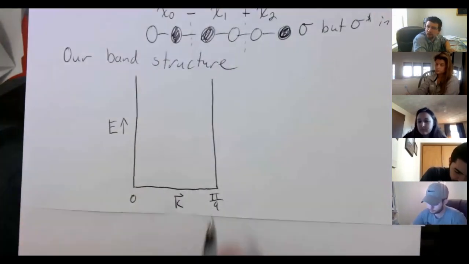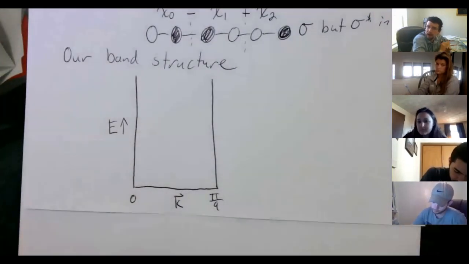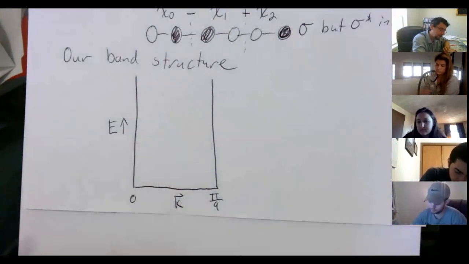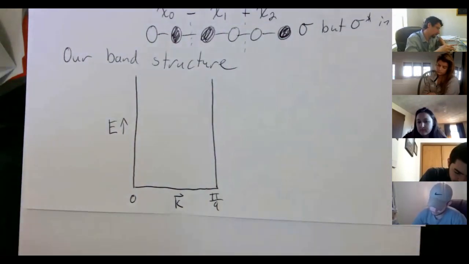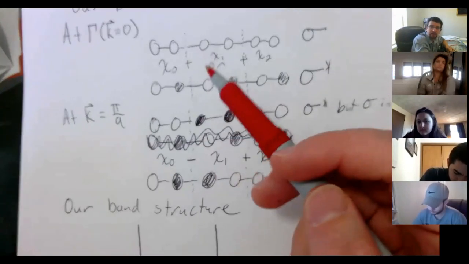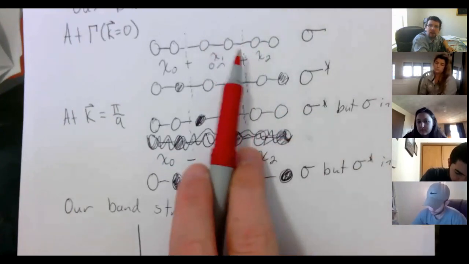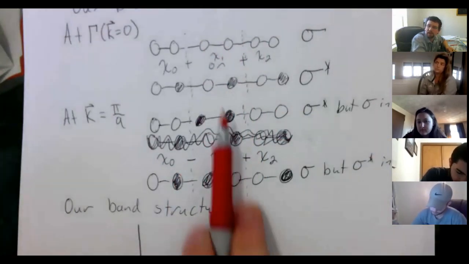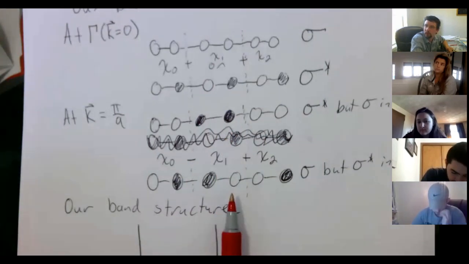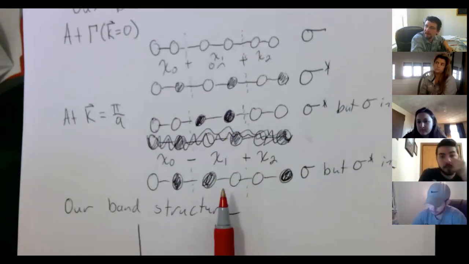How many bands do we have to draw, keeping in mind how many atomic orbitals we have? 2. Okay, let's put in some points first. Looking back at what we saw for the gamma point, which of these crystal orbitals that we drew is the highest in energy and which one's the lowest in energy?